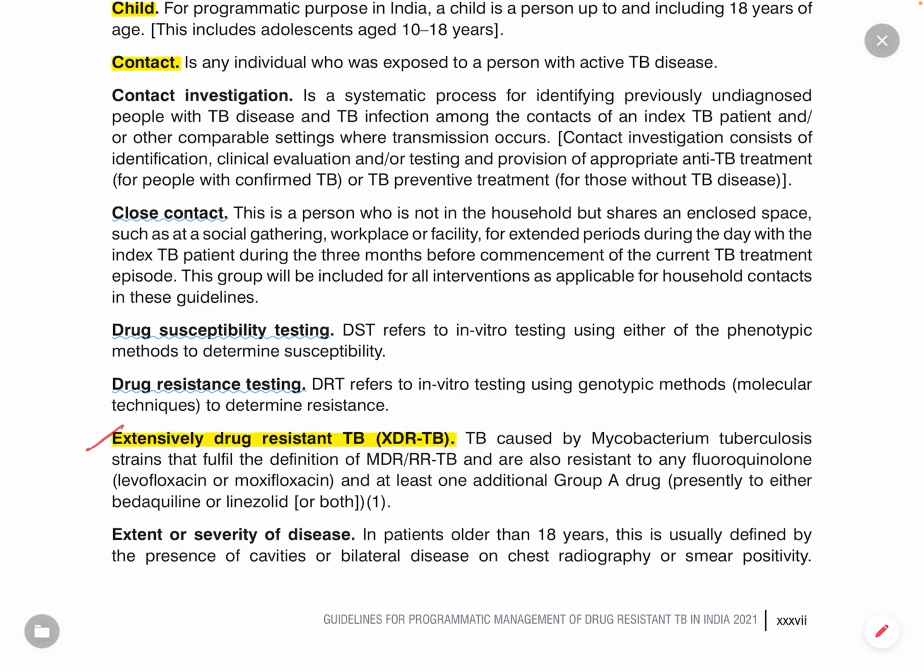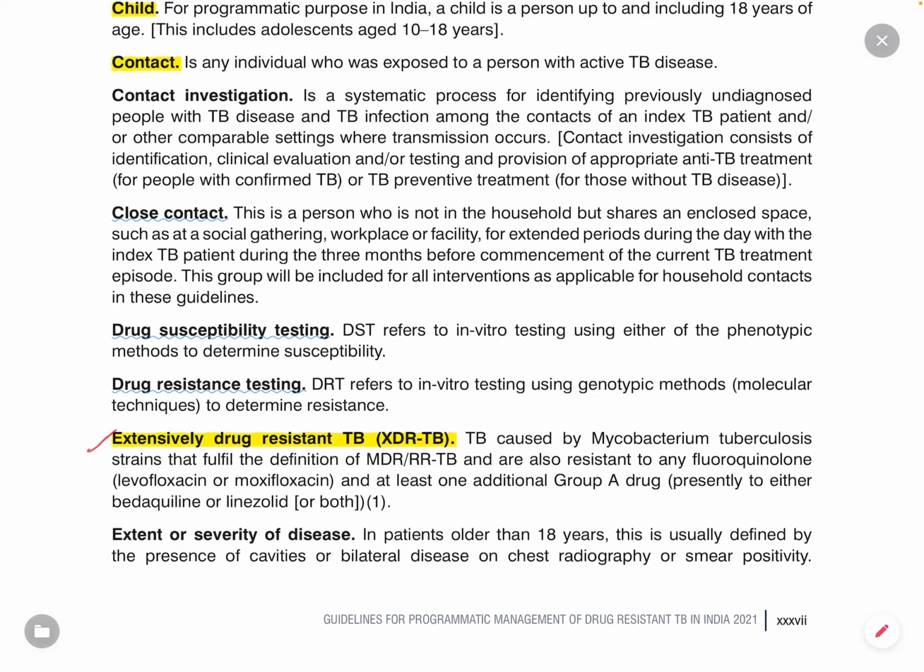Now, who are XDR patients, extensively drug-resistant TB patients? This definition has changed. Before, it used to be an MDR TB patient who is also resistant to fluoroquinolones and second line injectable drugs like of the aminoglycoside group. As the aminoglycoside group is slowly removed from our treatment regimens, the definition of XDR TB has also changed.